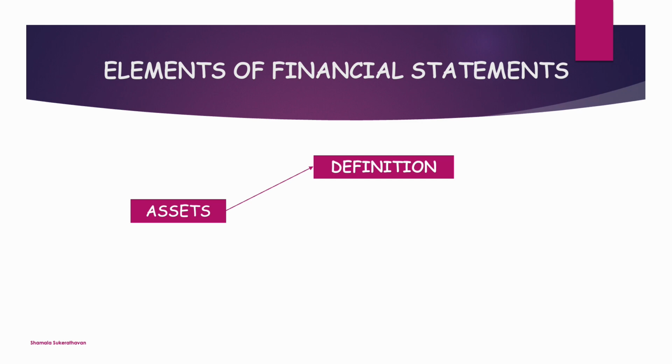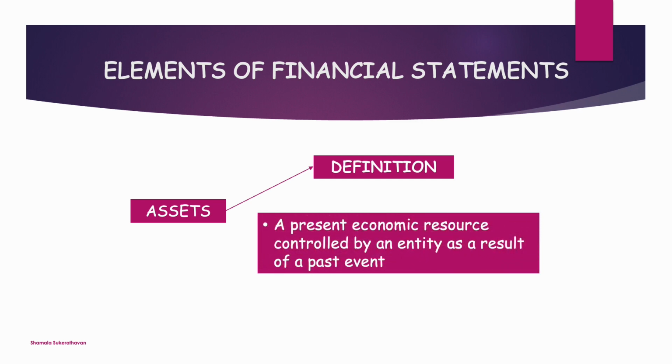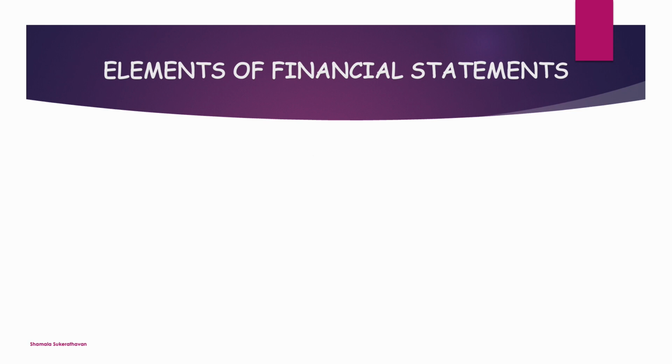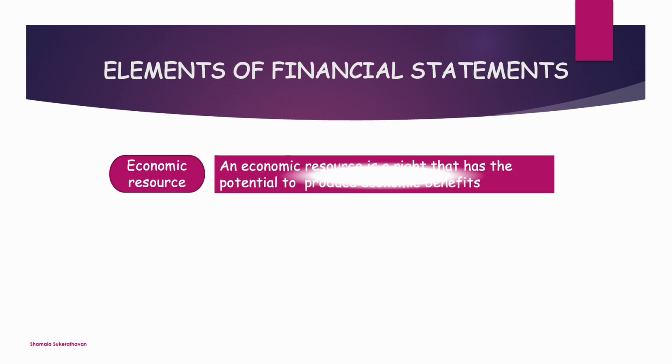The conceptual framework defines an asset as a present economic resource controlled by an entity as a result of a past event. The conceptual framework uses the following key words in the definition of assets. Firstly, economic resource. This is a right that has the potential to produce economic benefits.